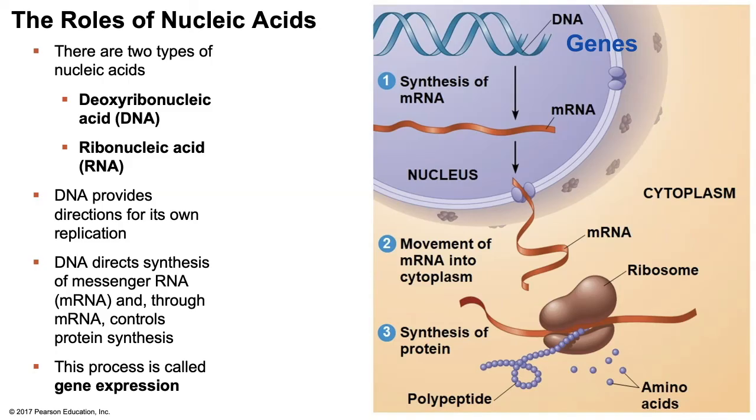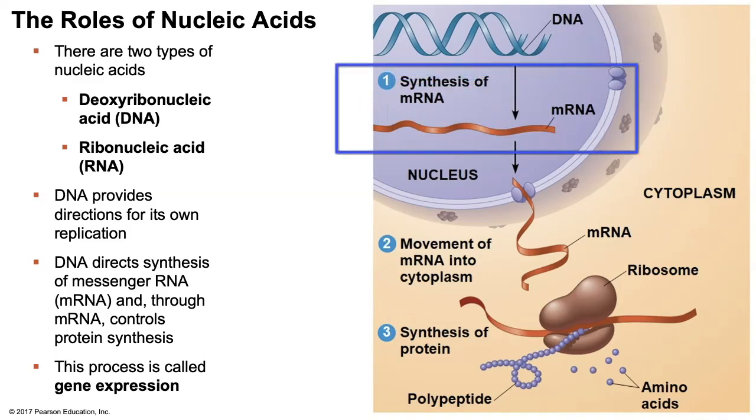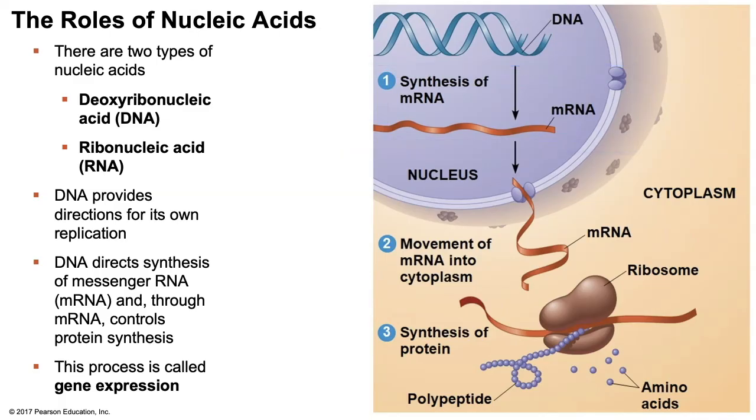Each gene along a DNA molecule directs synthesis of a messenger RNA, which we call mRNA, and the mRNA molecule interacts with the cell's protein-making machinery to direct production of a polypeptide. So in this way, DNA directs synthesis of mRNA and controls protein production. This flow of genetic information can be summarized as DNA goes to RNA goes to protein. And again, this is the process of gene expression.